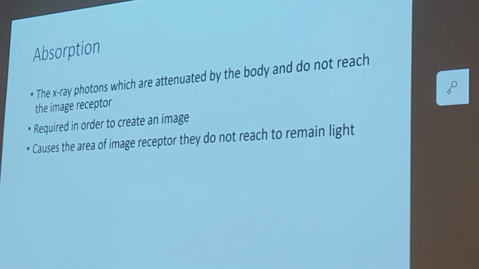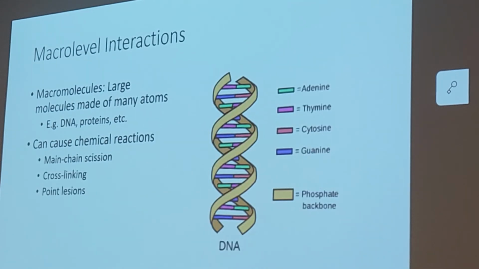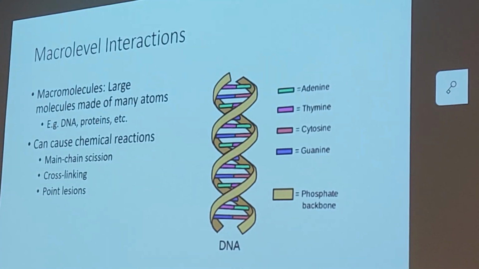Speaking of scatter, I think the next slide is. Nope. I tricked myself. All right, so just real quick about scatter. Notice scatter was not something used to create the image, right? We need absorption, we need transmission, but scatter does not help produce our image.